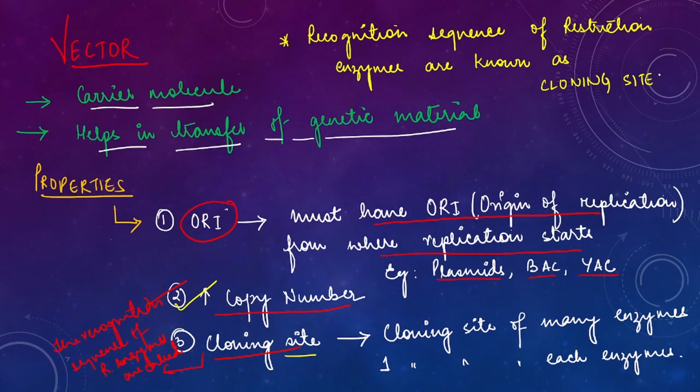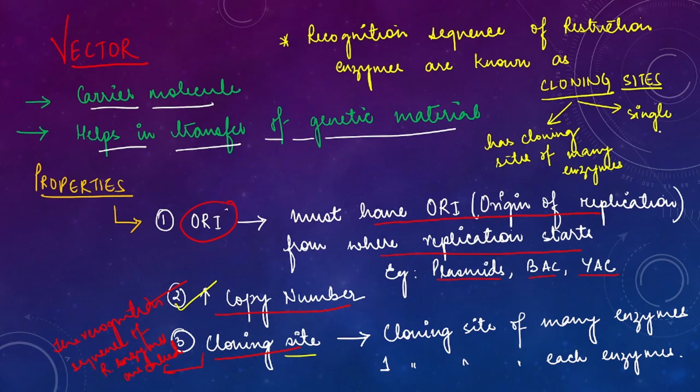So a good vector has cloning sites of many enzymes, but a single cloning site for each enzyme.